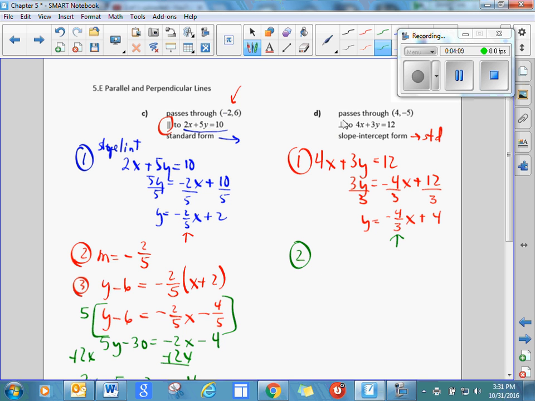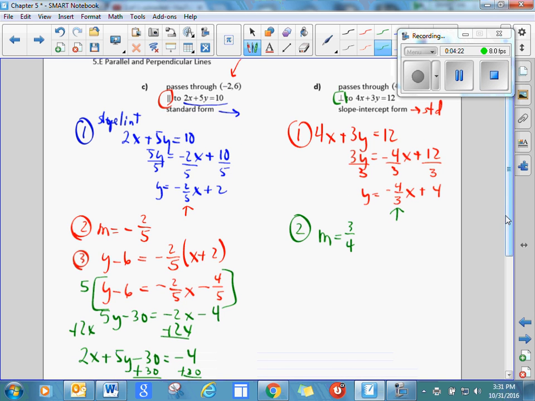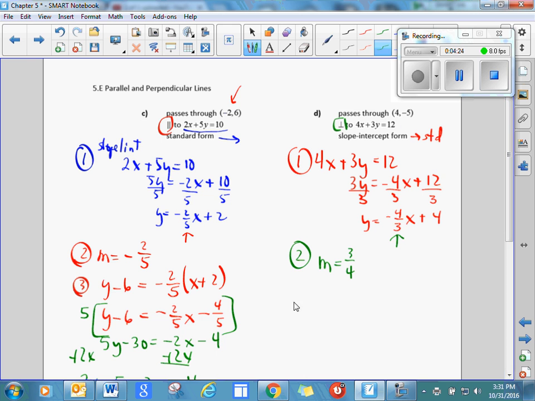But the new line that we're writing is a perpendicular line, so our slope needs to be positive 3 over 4. Now we're going to use the information that they give us. They give us this point. The point is 4, negative 5. Our new slope is 3 over 4.